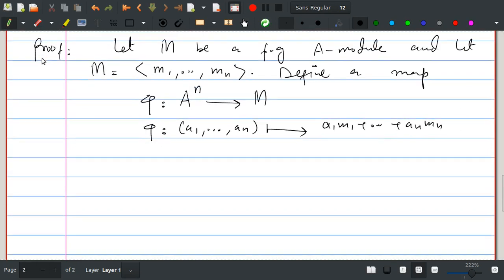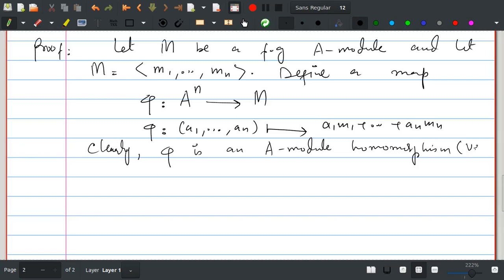Clearly this can be easily verified: phi is a linear map. I mean, it is a module homomorphism. So clearly phi is an A module homomorphism. One should verify this.